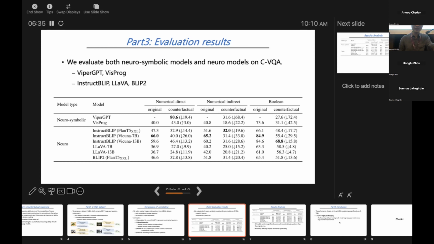But for the neural ones, there can be mistakes. And another insight is that we found the current SOTA neural vision language model Instruct Blip is actually relatively strong on these counterfactual benchmarks. The absolute points are still quite low, but it stands out from other vision language models.